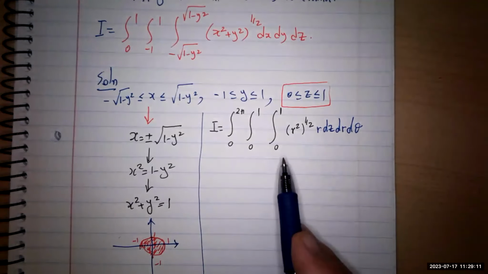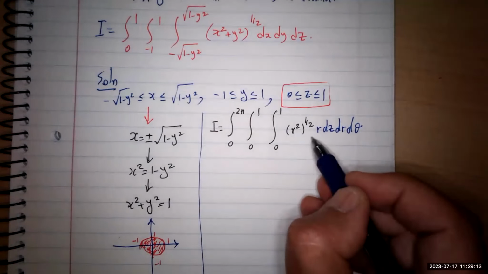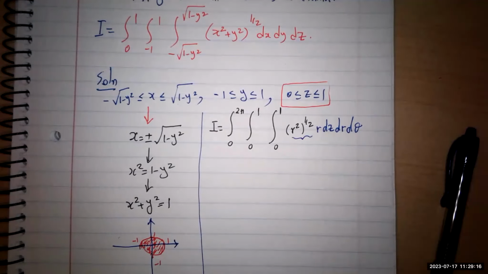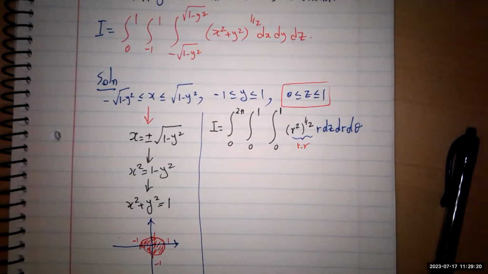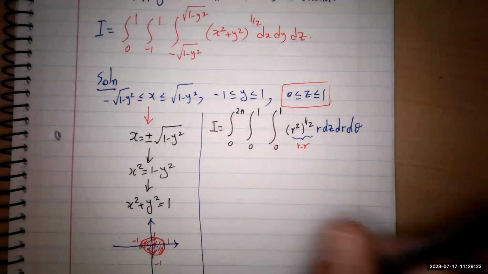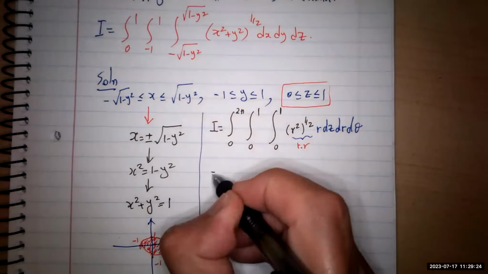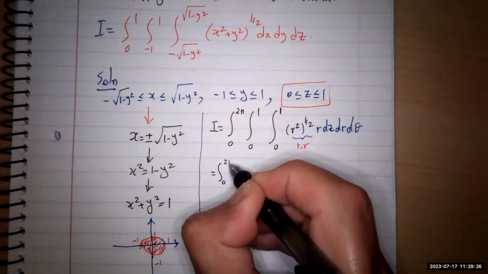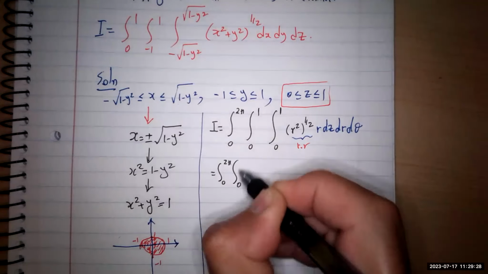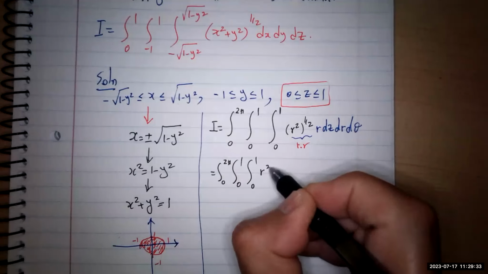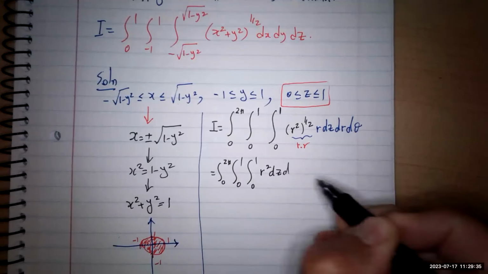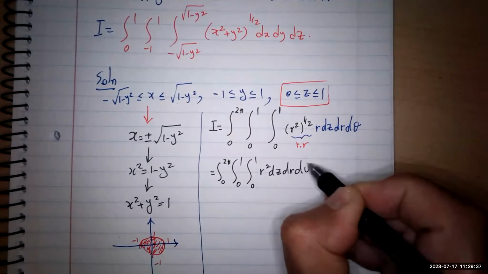So this would give you r, so this would be r times r, which is going to be r squared. So we end up with 0 to 2 pi, 0 to 1, 0 to 1, and we get r squared, then dz, dr, d theta.